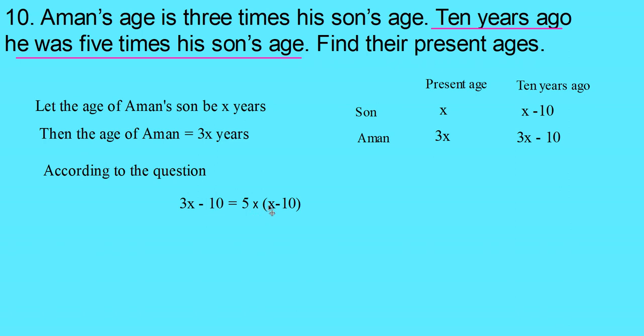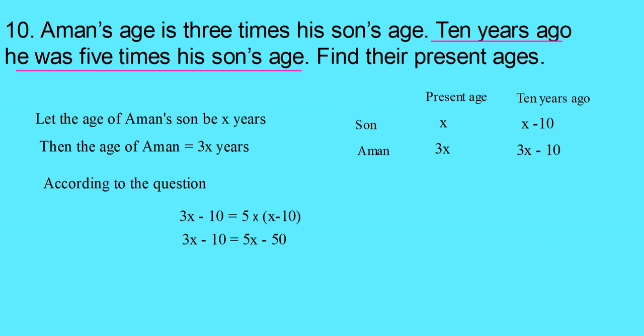Now 5 into x is 5x, and 5 into 10 is minus 50. So the next step is 3x minus 10 is equal to 5x minus 50.